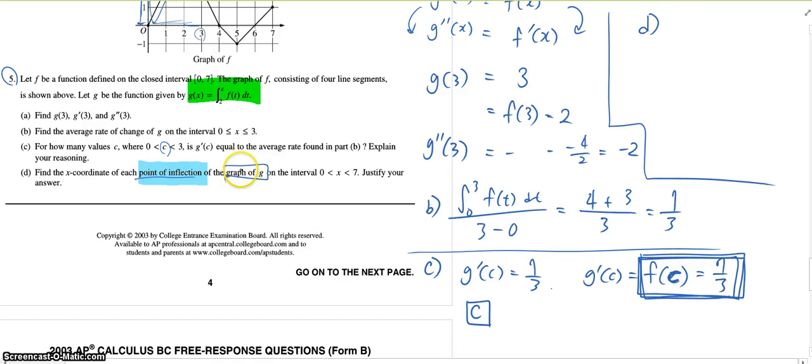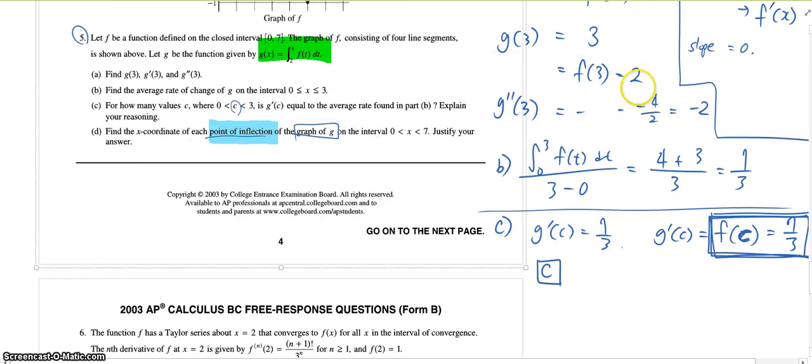That means we have to find where g double prime of x equals 0, and that means f prime of x equals 0. That means the slope in the graph of f equals 0.